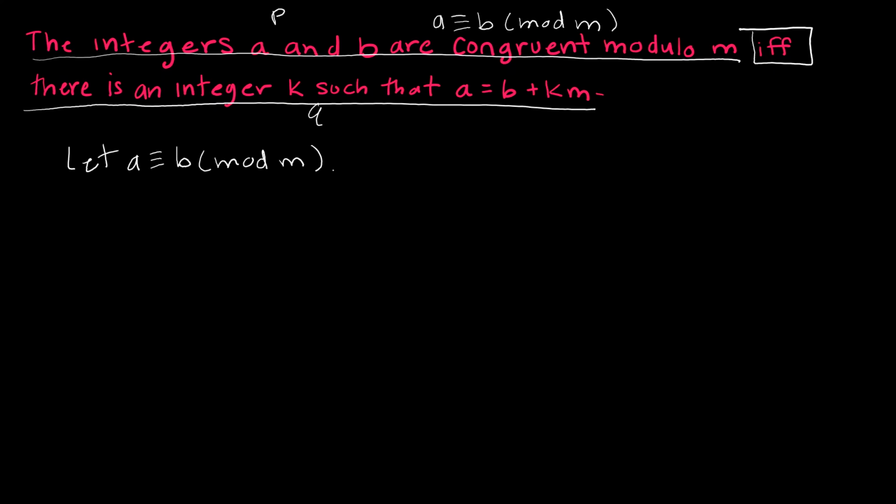What do I know about when things are congruent? Based on what we've learned in this video, we can say that m divides a minus b. Why can I say that? By the definition of congruence.